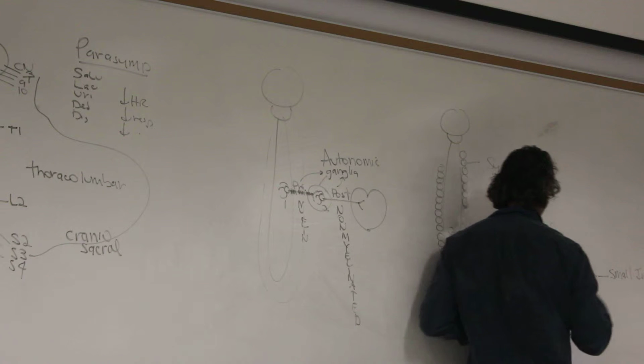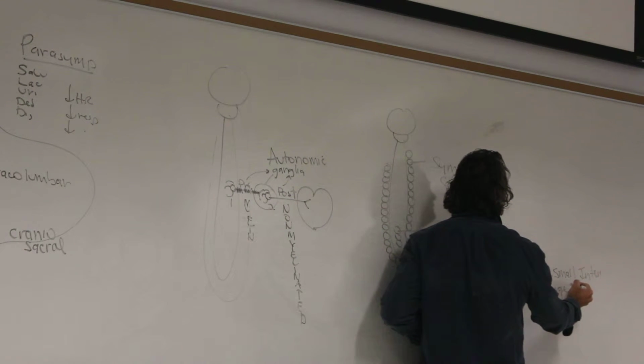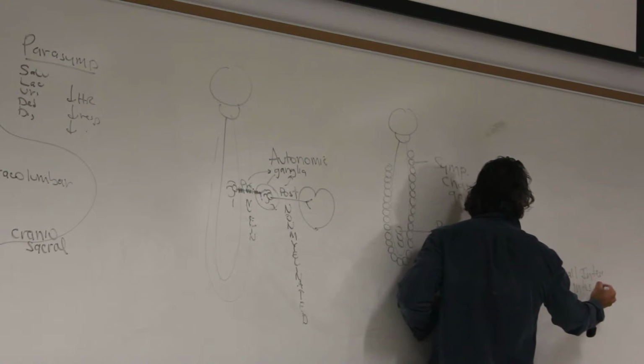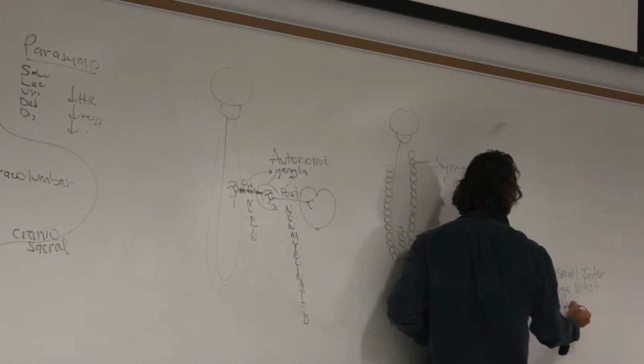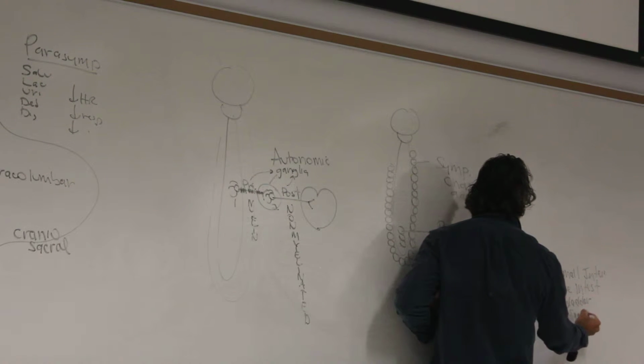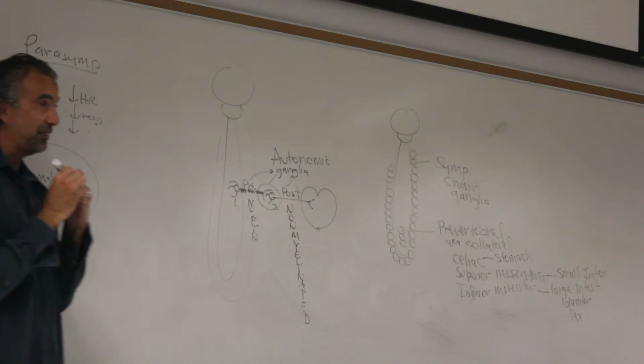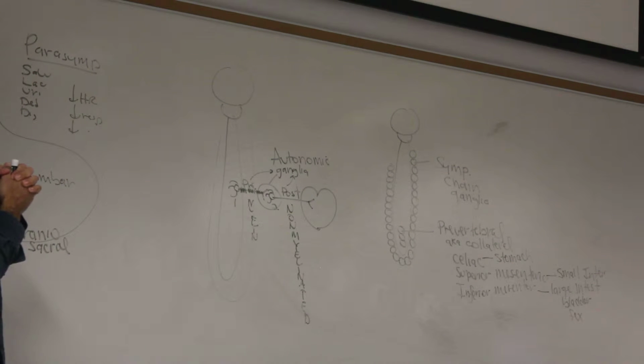And if I did my inferior, I pick up large intestines, bladder, sex organs, all those things on this side. Now, how's that looking for you from yesterday? Does that sound pretty okay?